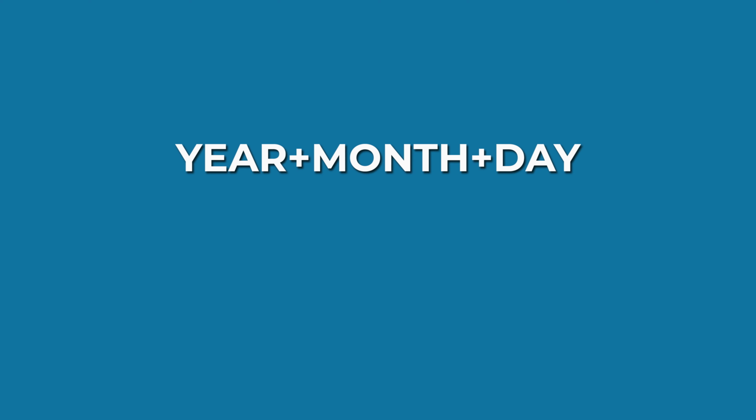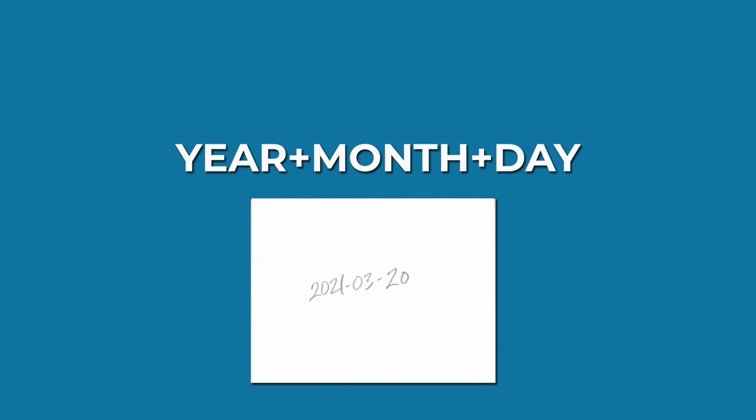Use this format for your dates: year, month, and day, like 2021-03-20. Make sure you add zeros to single-digit numbers like 02, 03, or 04 instead of 2, 3, or 4.